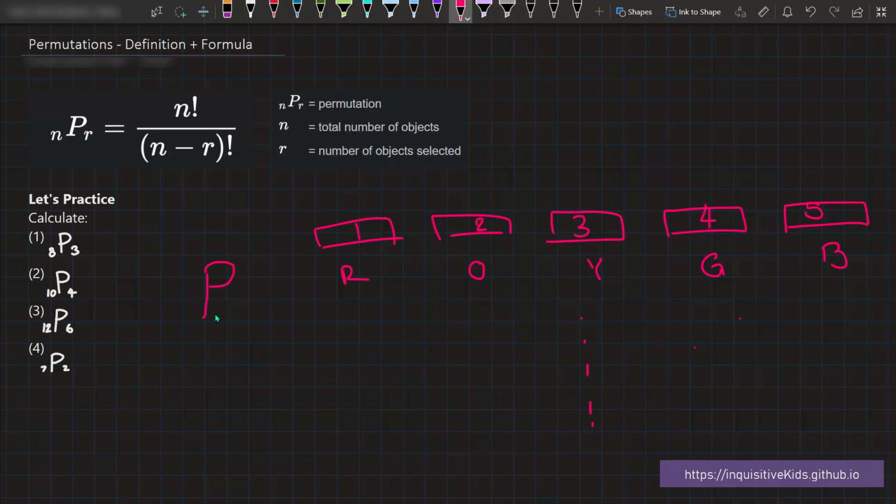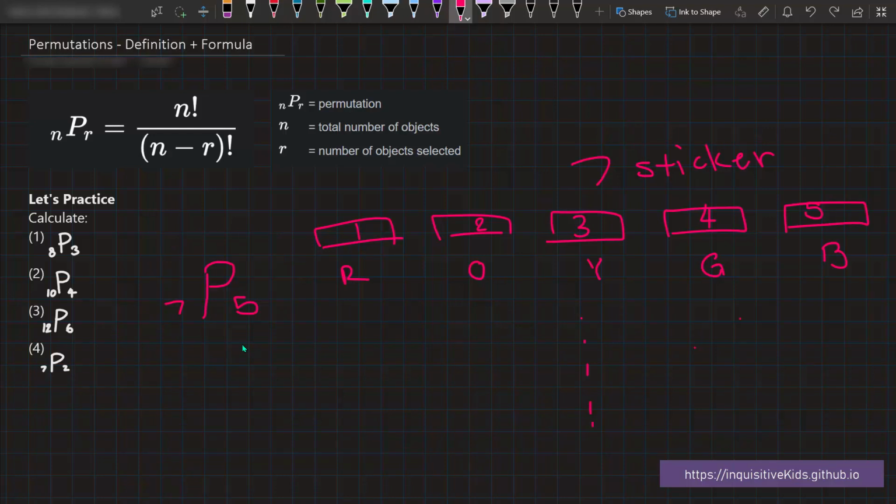In this case, there is a total of 7 different colored stickers for your accordion folder. So 7 would be our total number. And R will be the number of objects that you're going to take from 7. You're going to take 5 stickers for each of the 5 tabs on this accordion folder, which means that R in this case is equal to 5. So this is how we would write a permutation for this type of problem.